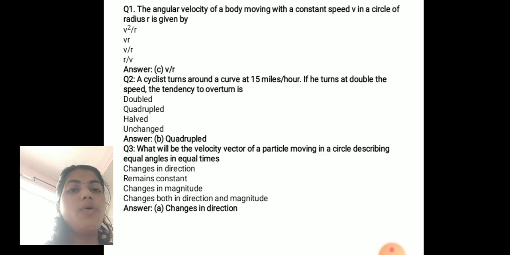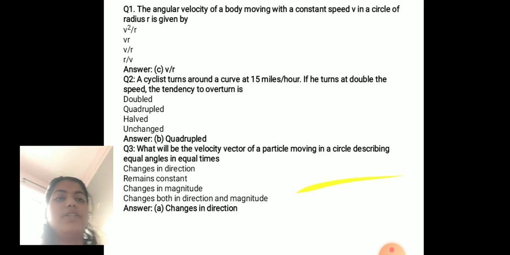The options: change in direction, remains constant, change in magnitude, change in both direction and magnitude. The correct answer is change in direction.